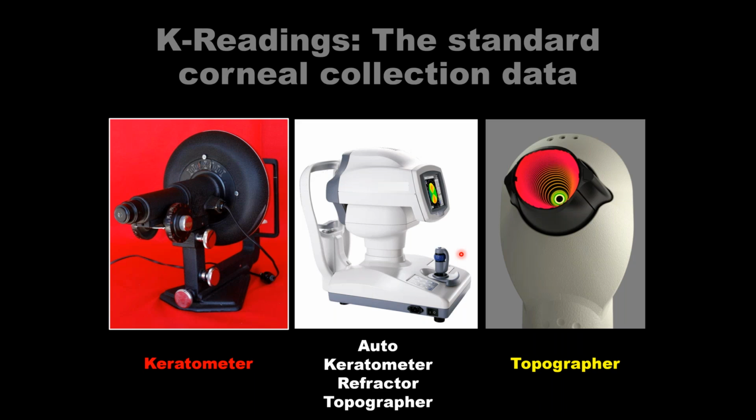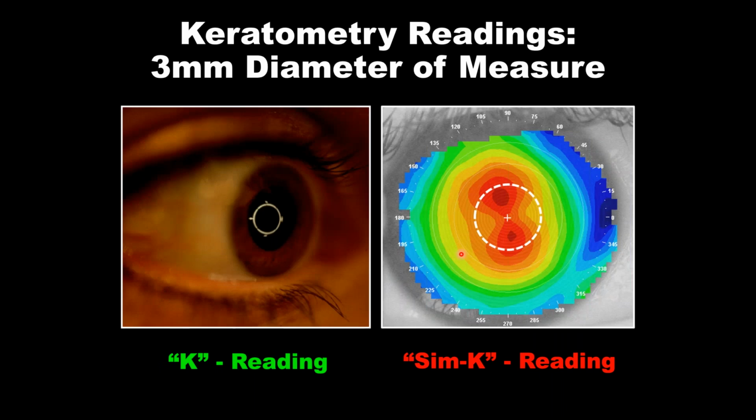our history, is that we have always been trained to think of the eye as a flat and steep radius right in the center. That's because keratometry values give us a very good understanding of the corneal astigmatism. They give us a very good understanding of the apex of the eye.